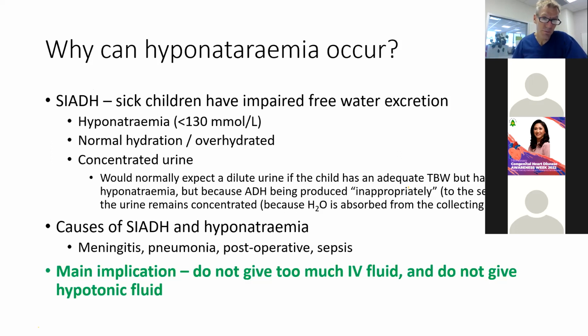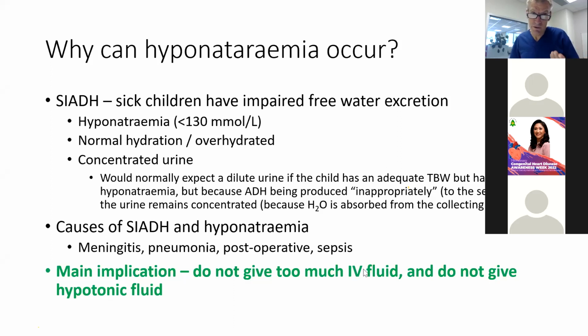So from a normal serum sodium to one that's very low, and that in some situations can lead to the increased movement of water into cells and cerebral edema. The main implication of this is don't give too much fluid to children who are very sick with meningitis or pneumonia or post-operative or sepsis.